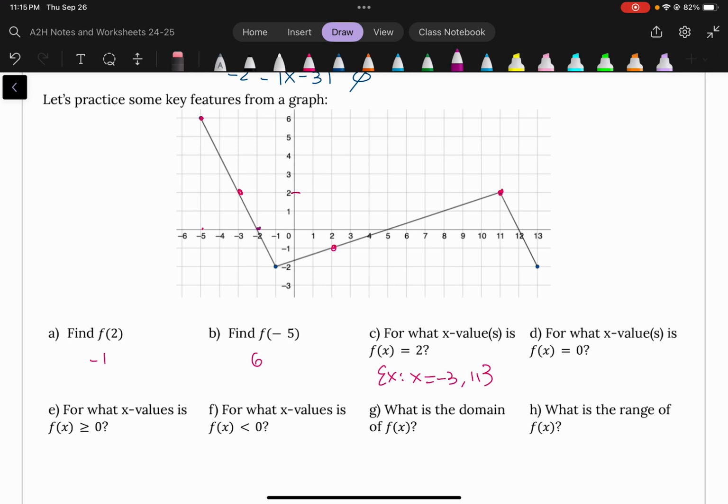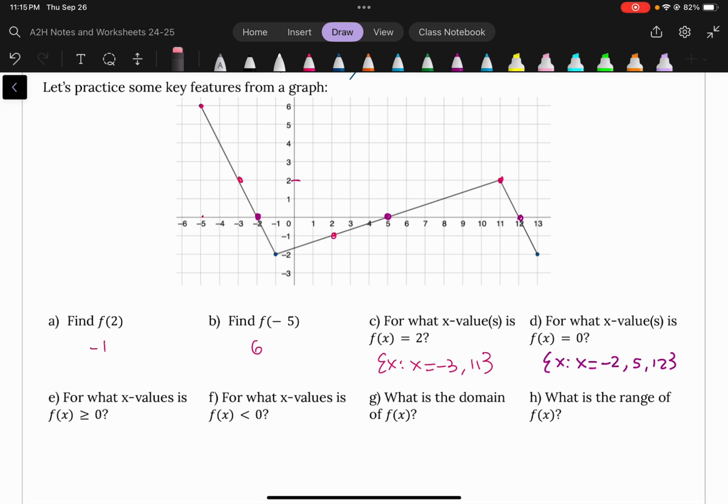And right here. That's an interval, right? And this is where I would want to express it as an interval. So I've got negative 5 to negative 2, union 5 to 12. Now notice how I included 5 and 12 and negative 2 because it's greater than or equal to.